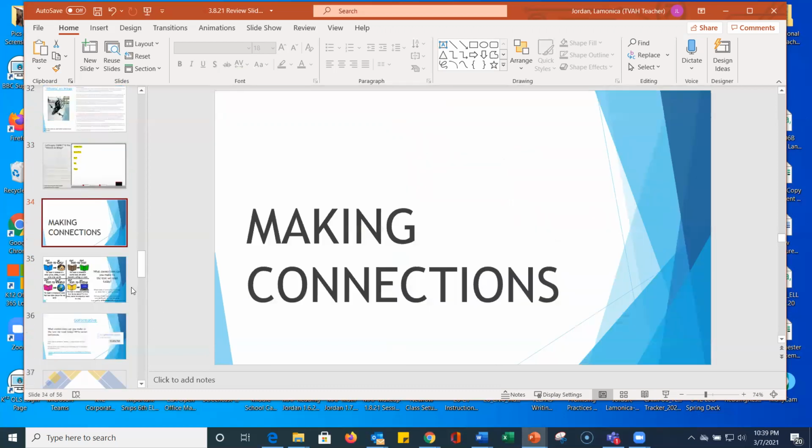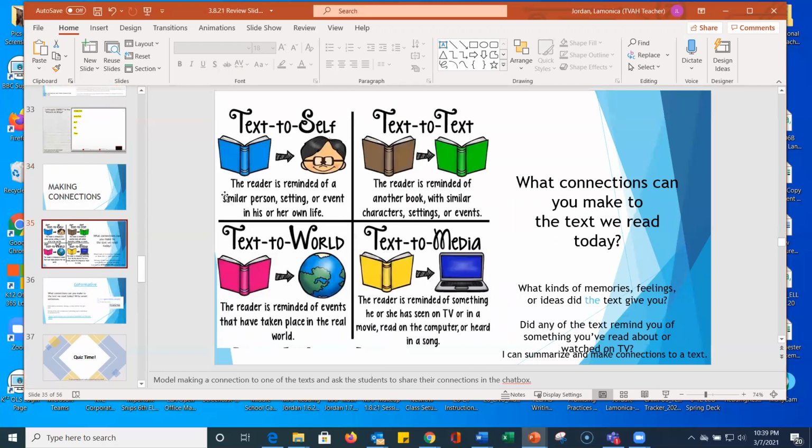All right, let's make some connections. Last week we talked about text to self, when you read something and it reminds you of something in your own life. Text to text is when you read something and it reminds you of that other story you read.